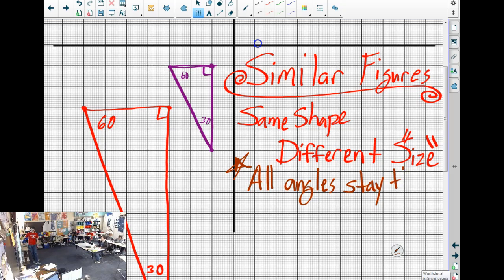All angles stay the same. And the reason we put size in quotations is, as we just talked about, does the area change the same as the length? No. So if the length's triple, the area is 9-tupled. If the length's double, the area is quadrupled.